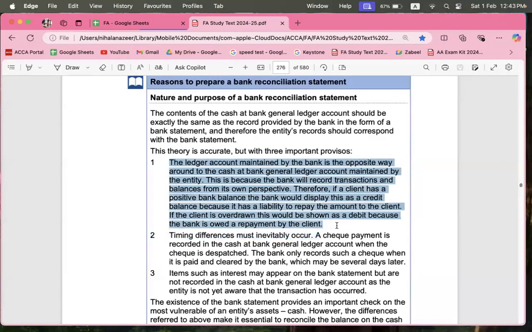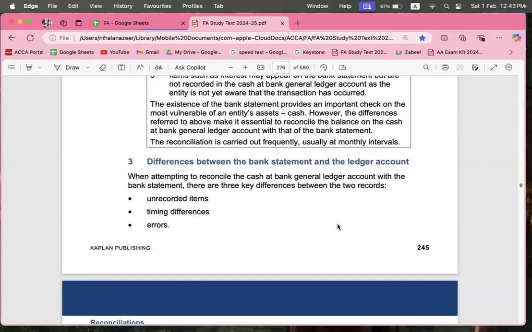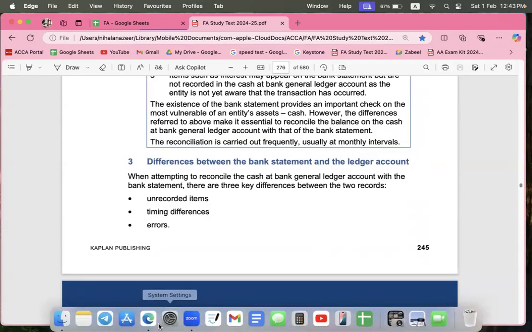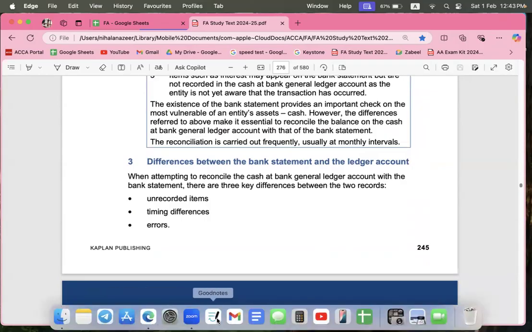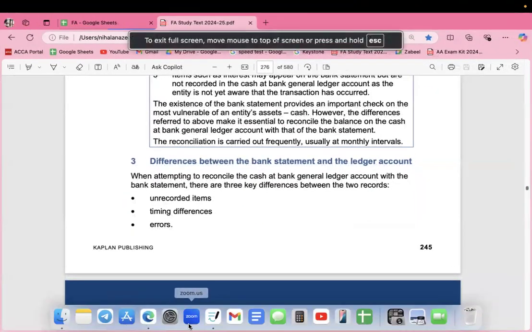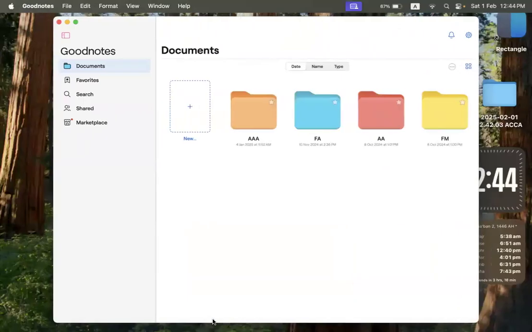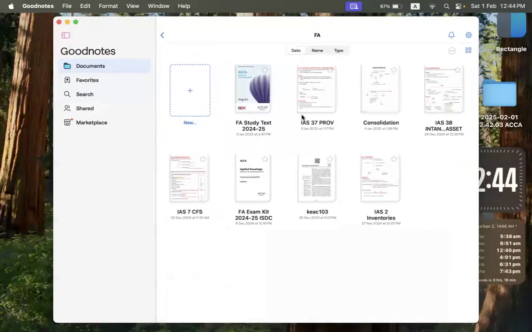And the important thing to notice is that the ledger account is maintained just the opposite way as the bank. When we maintain the cash book in our company, we follow the double entry rule, right? But when the bank prepares your accounts, they follow the bank rules, which are just the opposite of what you study in ledger accounts.